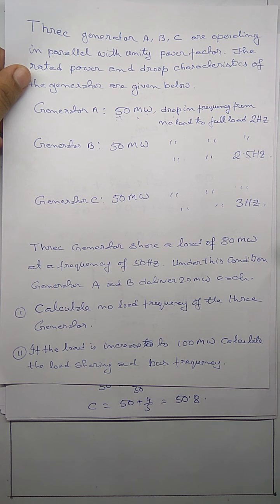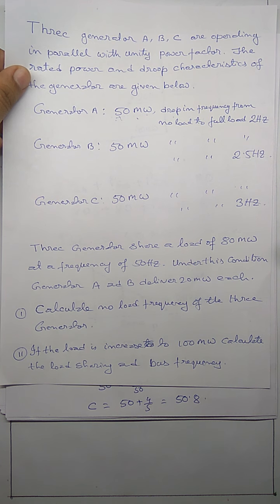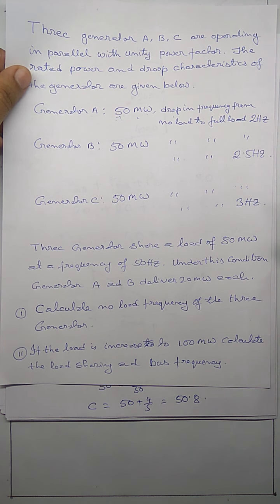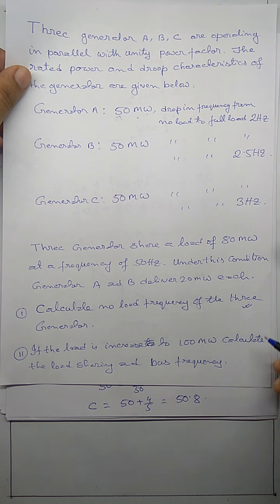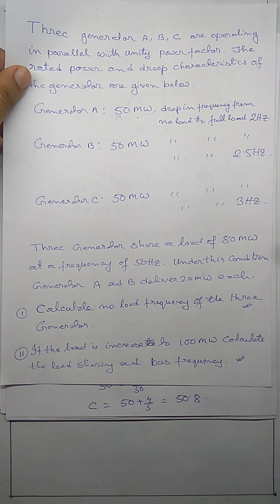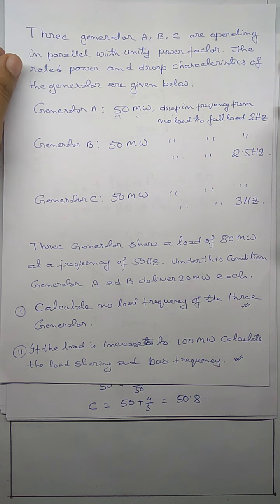It will again be a straight line problem. But understand that when you increase the load, generator 1 and generator 2 will no longer supply 20 megawatt. Their share will also increase. So try to solve these two parts from here and one part from here and submit it as an assignment.